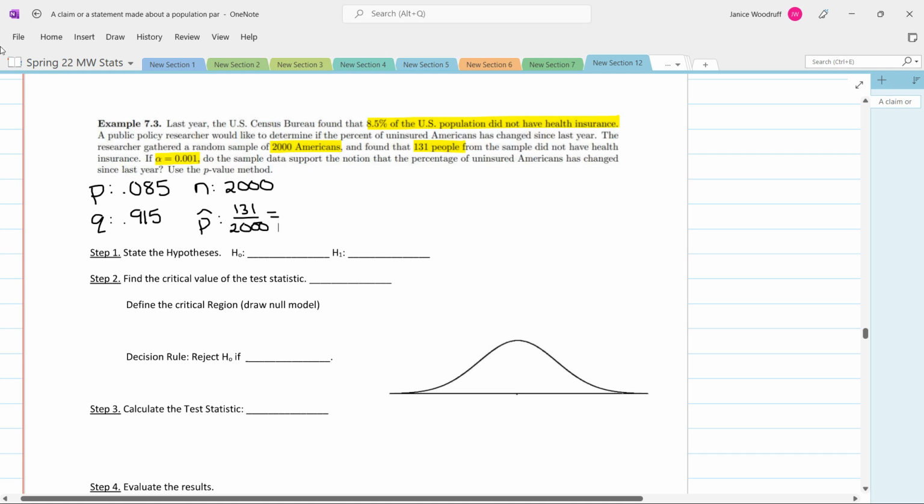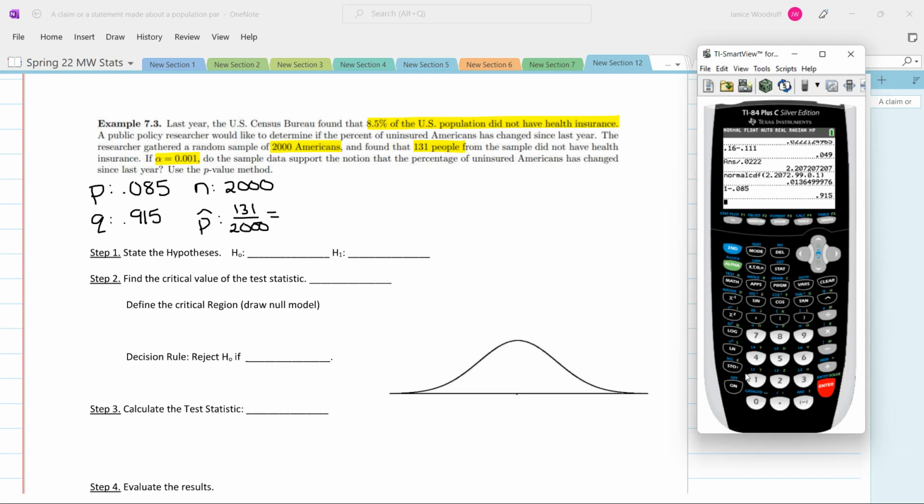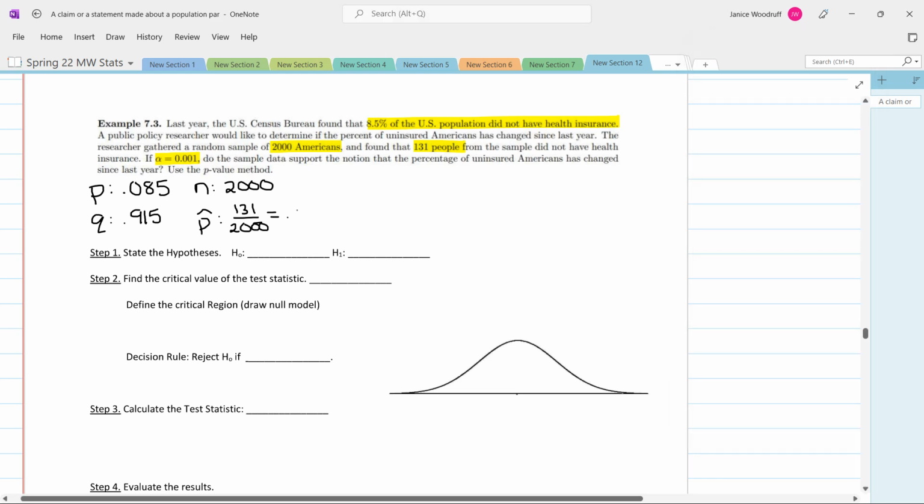That is 0.0655. Very good. And then our significance level, 0.001. Very small significance level there.